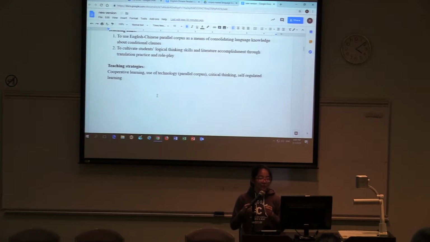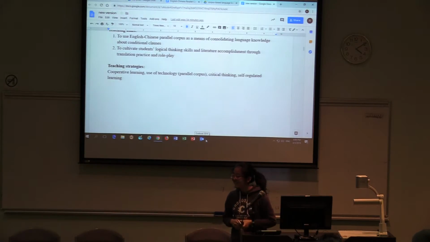And also, because they have found that if can be translated into 只要, 一旦, we hope students will use the corpus to type 只要 and 一旦 into the Chinese English corpus to see if there are more examples to prove their findings are correct or a normal use. Yeah. The end. Thank you.